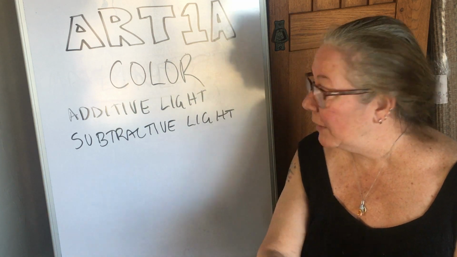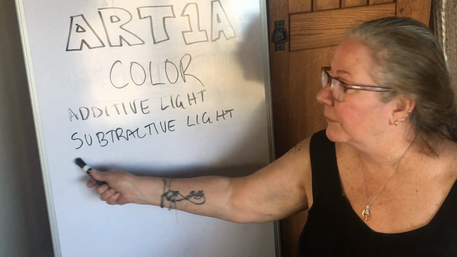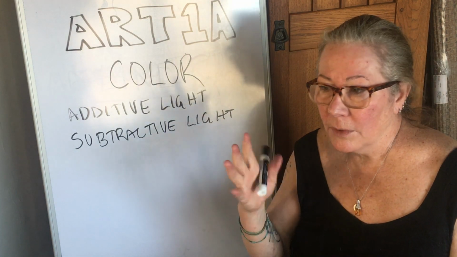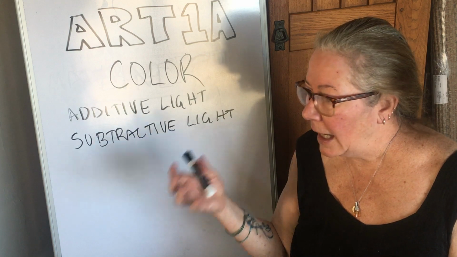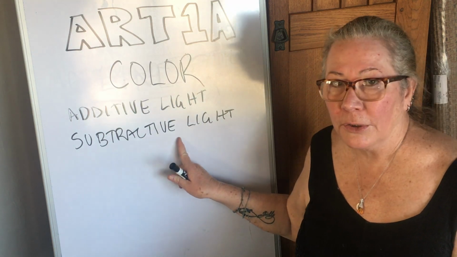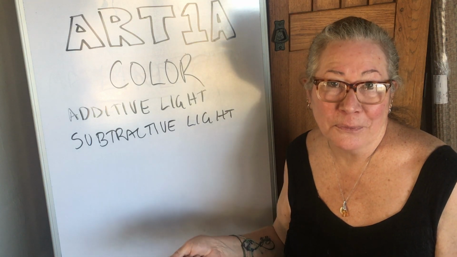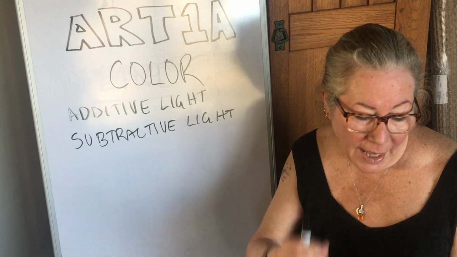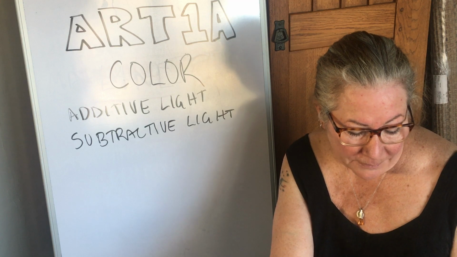Okay, so that's why it's called subtractive light, right? If you're using a blue pigment for paint, it is subtracting all the other colors except blue. So that's an important concept to get.